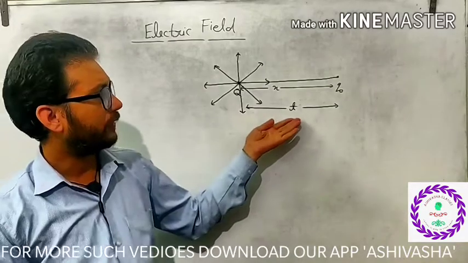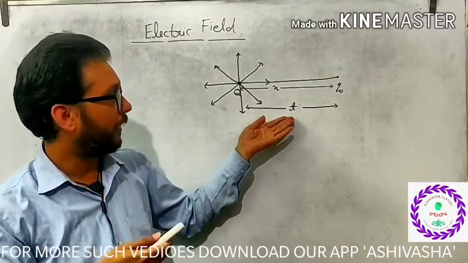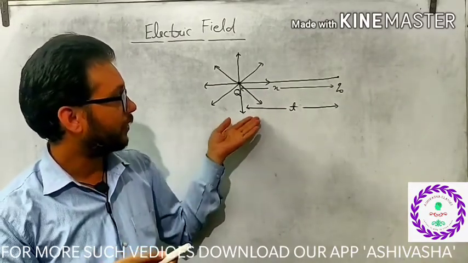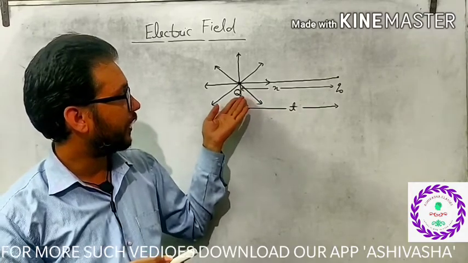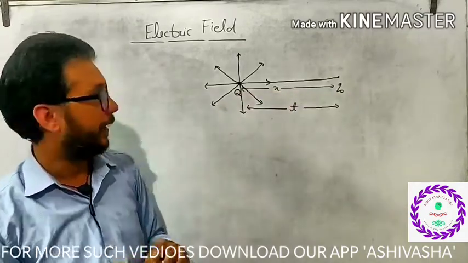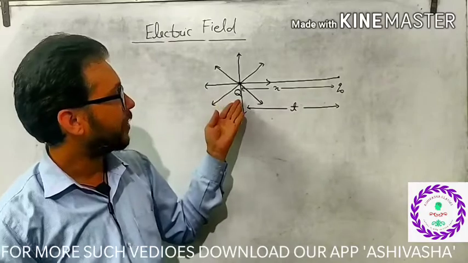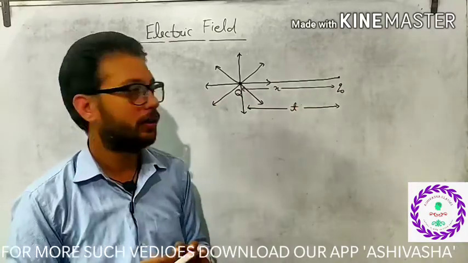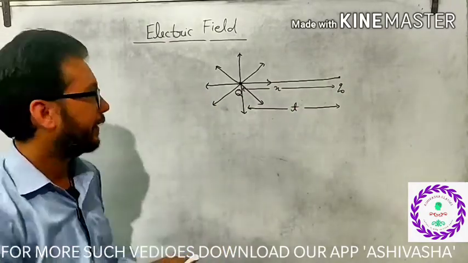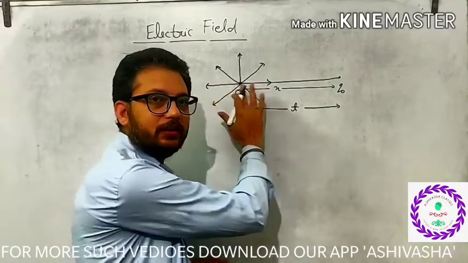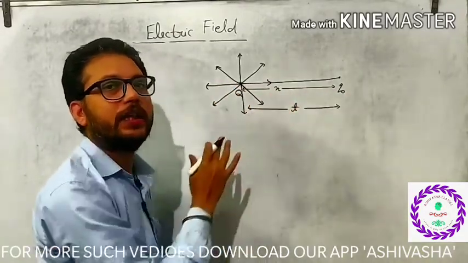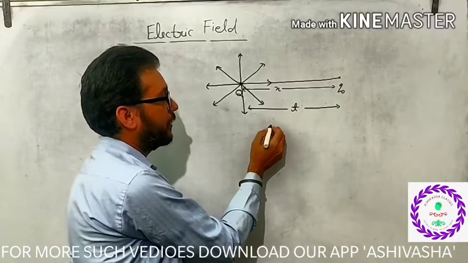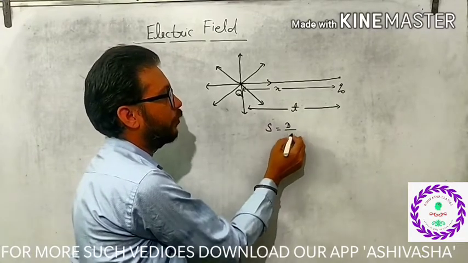Because we suppose that the distance between charge Q and Q naught is x, and the time of propagation from here to here is small t, we can write, by considering the uniform motion of the electric field, speed equals distance upon time.